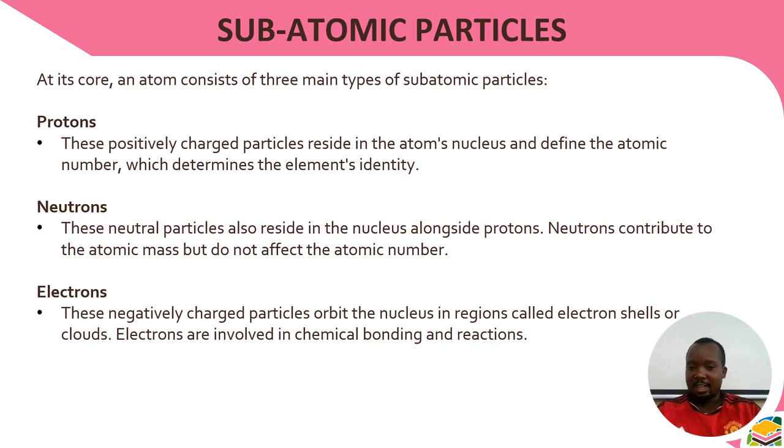Neutrons are involved in atomic mass. But electrons are the ones which do take part in the chemical bonding and reactions. So all the reactions, it is only the electrons which take part in these chemical reactions and in bond formation.